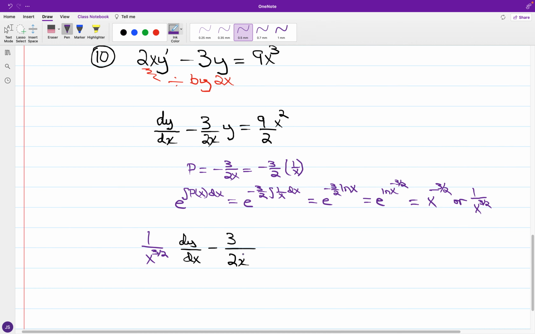Okay, so that's going to be x to the 5 halves. We have times y, and we have is equal to 9 halves. And x squared divided by x to the 3 halves, that's going to be x to the 1 half.